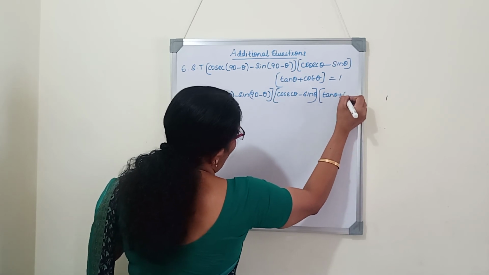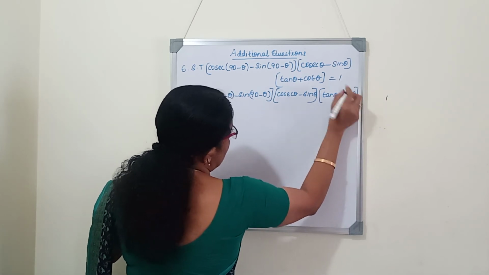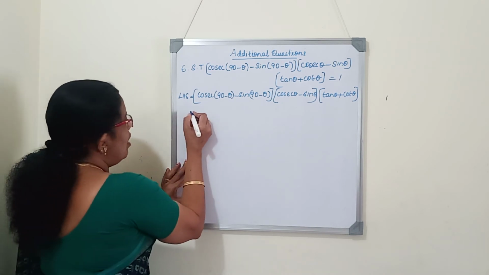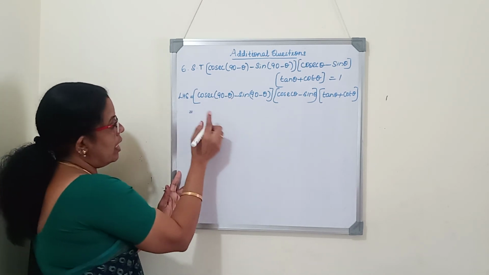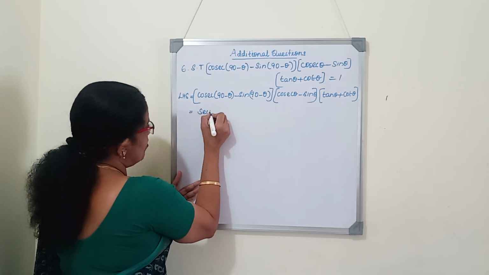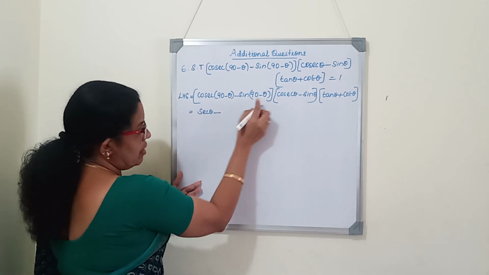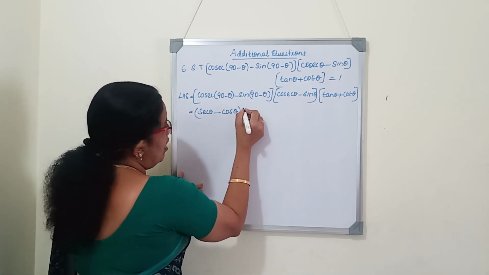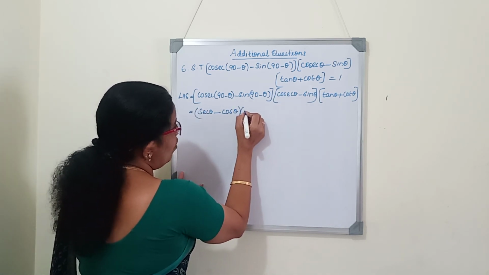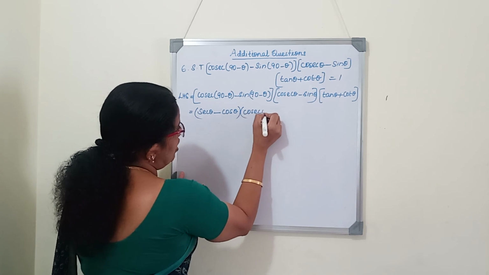So we have to prove that the product of all these three binomials is equal to 1. We know in the last exercise we learned cosec 90 minus theta is sec theta and sin 90 minus theta is cos theta. Complementary angle formula we have to apply. Now this I will write as it is. Now next step we will change all these.